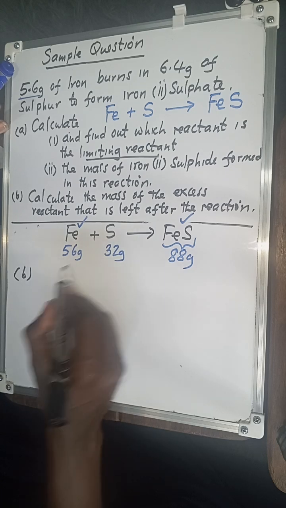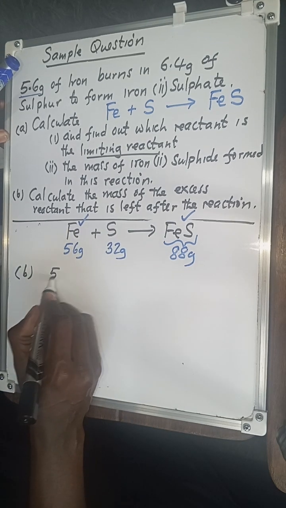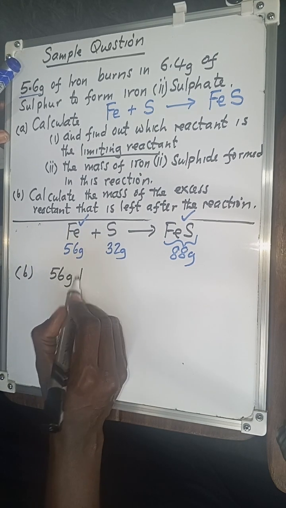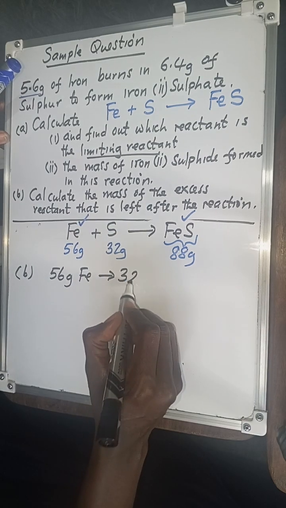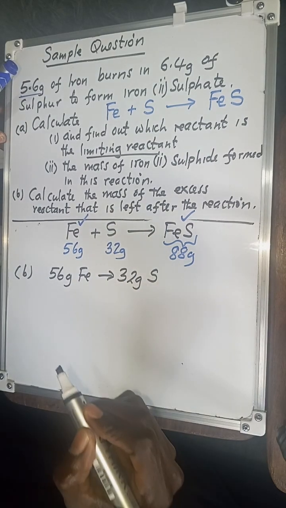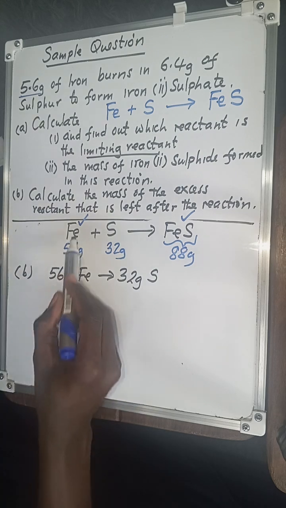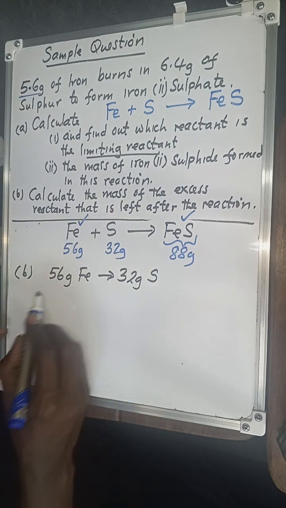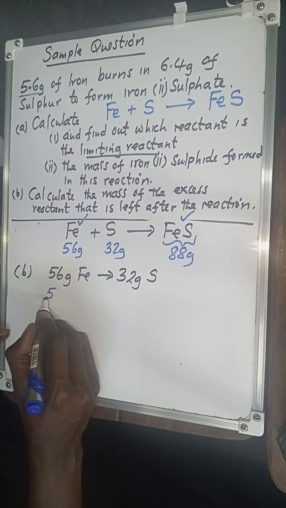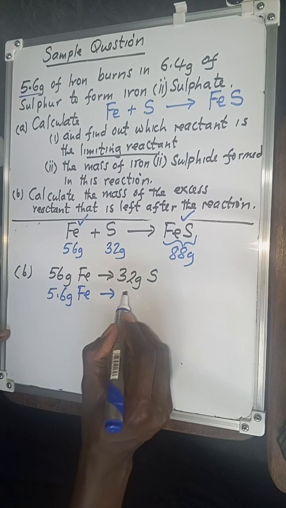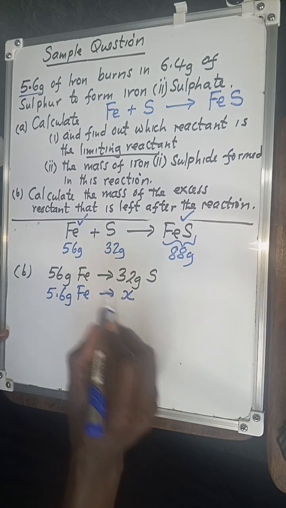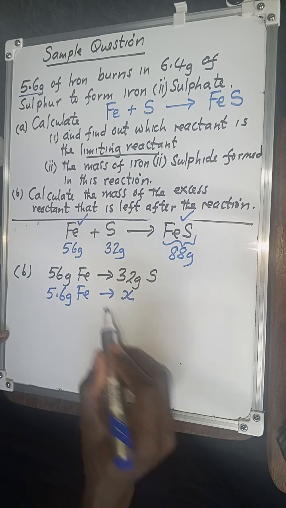From the balanced chemical equation, 56 grams of iron requires 32 grams of sulfur. What mass did they use? It's actually 5.6. So what about 5.6 grams of iron, what mass of sulfur does it require? You don't know, so you put x there.